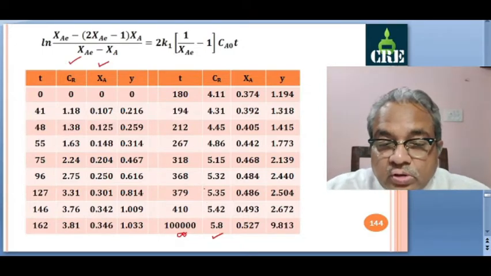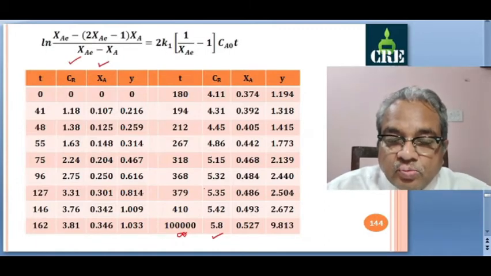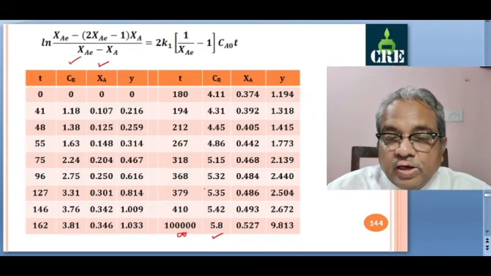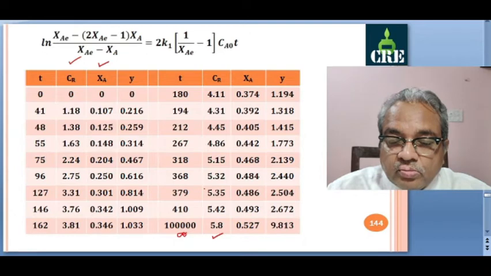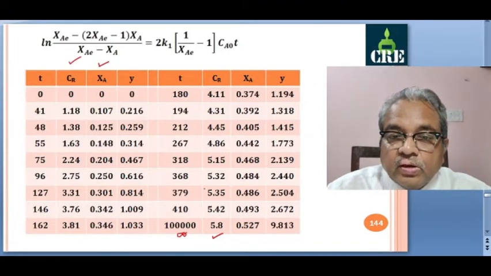So you have to keep in mind that whenever at time t equal to infinity the reactant is not completely consumed, that means you have an equilibrium value, and from that you can find the equilibrium conversion and equilibrium concentrations, and that reaction is definitely a reversible reaction. Okay.